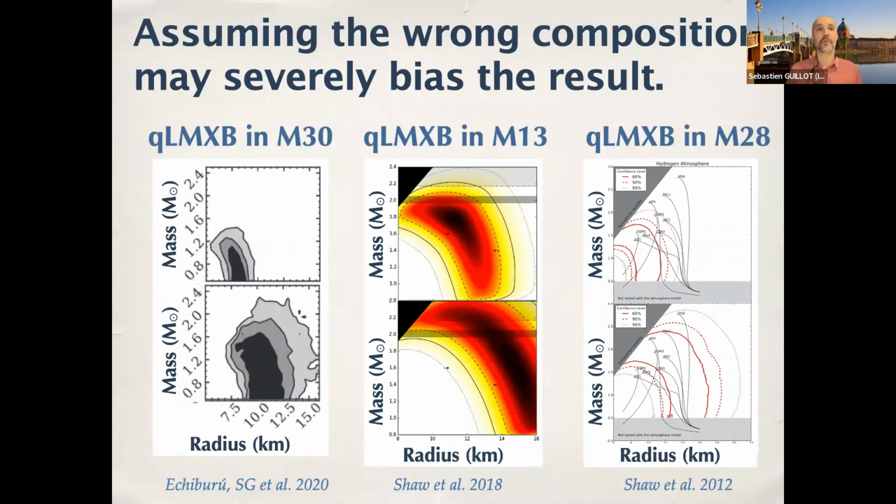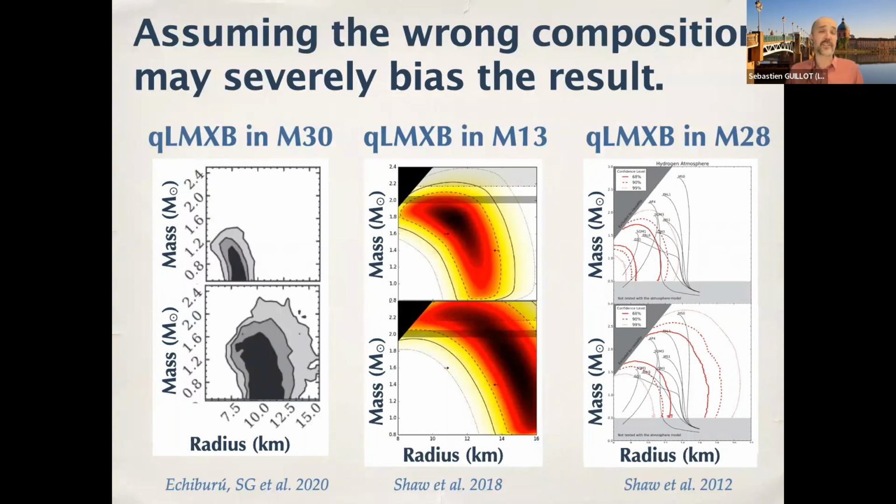Those are three recent examples for three quiescent low-mass X-ray binaries, where a hydrogen model at the top and a helium model at the bottom were used. And you see that the radius can change by 40 to 50%. This is radically different. And so this can be clearly problematic when we're trying to measure the radius of a neutron star with percent precision.